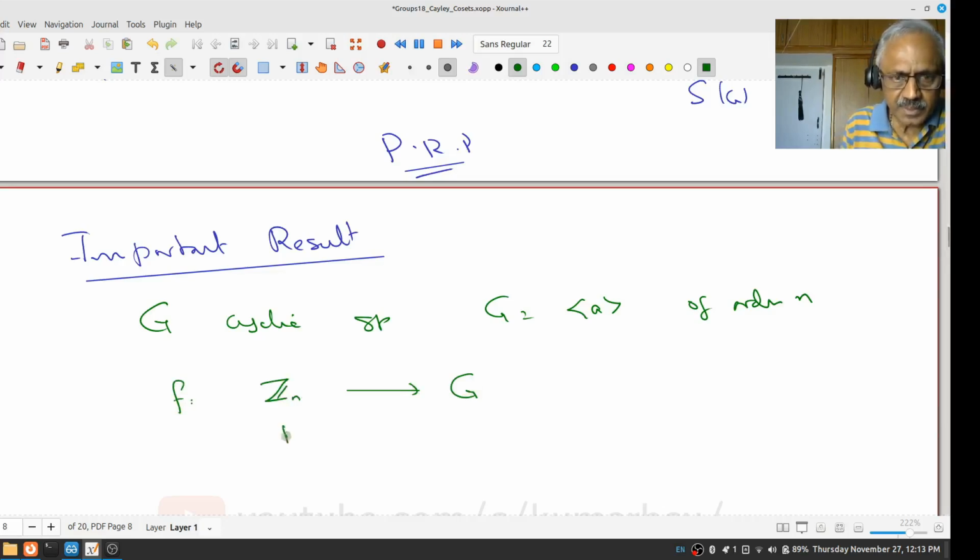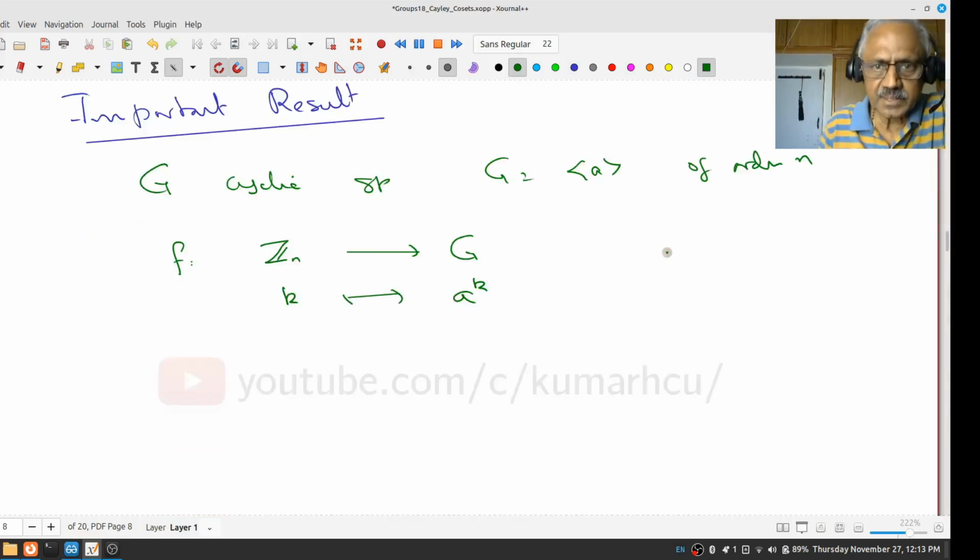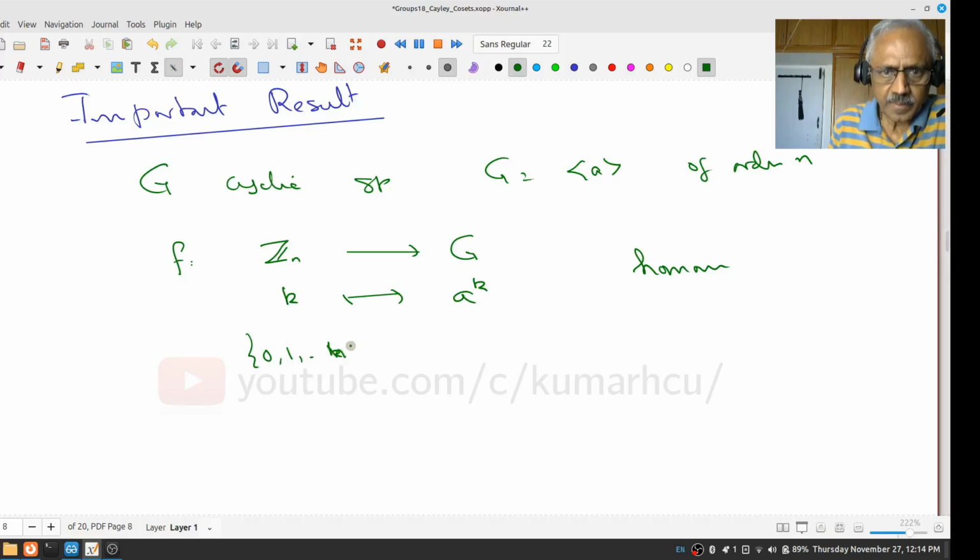Start with any k here, send it to a to the power k. And we checked it's a group homomorphism. Because what are the elements here? 0, 1, up to n minus 1. They will go to 1, that is identity, up to a to the power n minus 1.